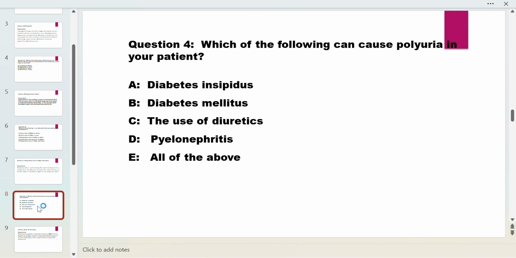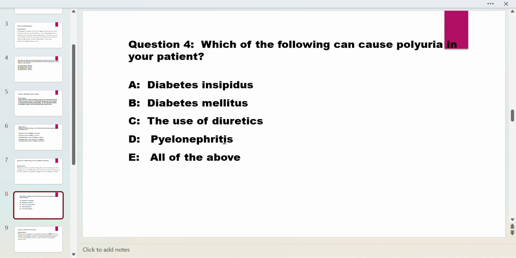Question 4 says, which of the following can cause polyuria in your patient? So we have diabetes insipidus, diabetes mellitus, the use of antidiuretics, pyelonephritis, and all of the above.